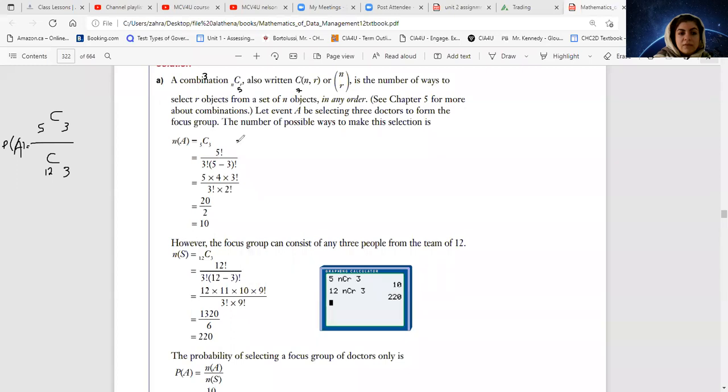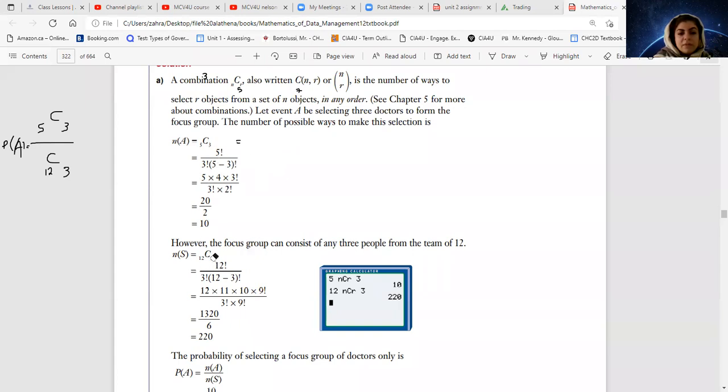3 out of the 5 is going to be 5 factorial divided by 3 factorial times 5 minus 3 factorial. Or sorry guys, that's the right thing.